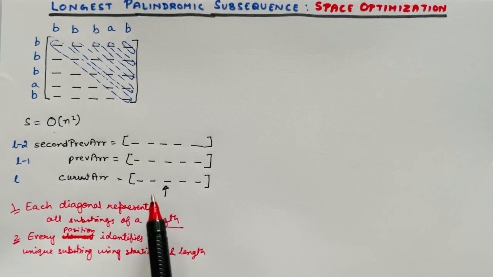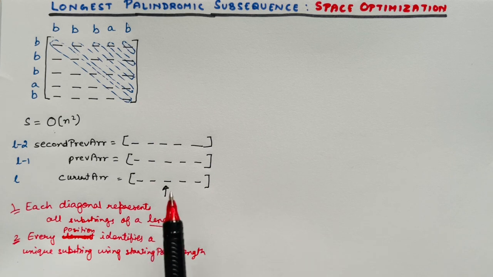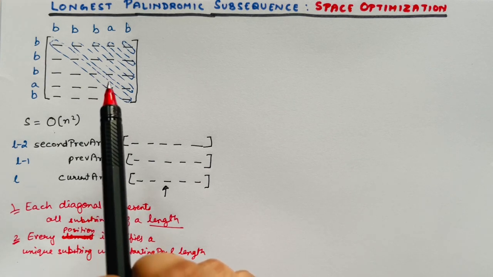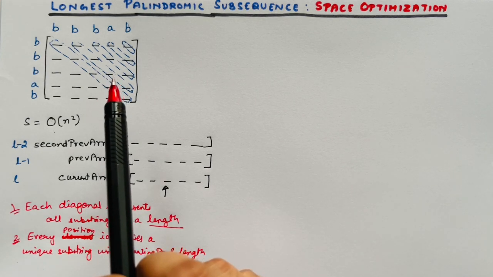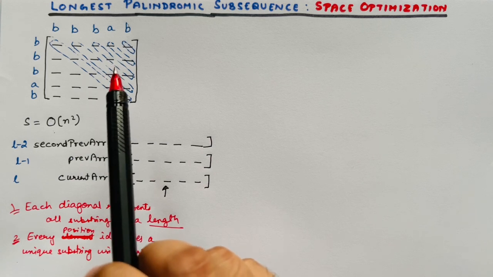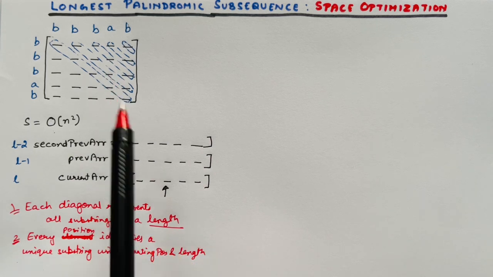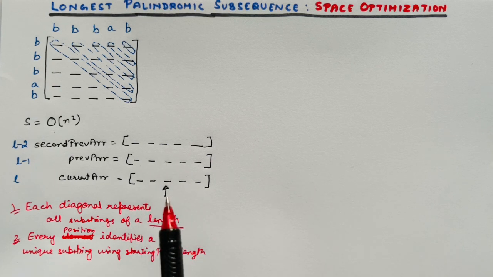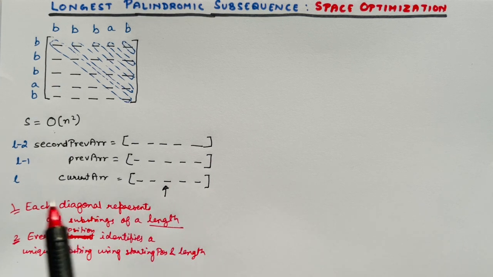Therefore, every position in each of these arrays identifies what? It identifies a unique substring, using a starting position and a particular length. Just like this matrix, where every element identified a substring uniquely using a starting position and an end position, every element in these arrays identifies a unique substring using a starting position and a fixed length of that substring.